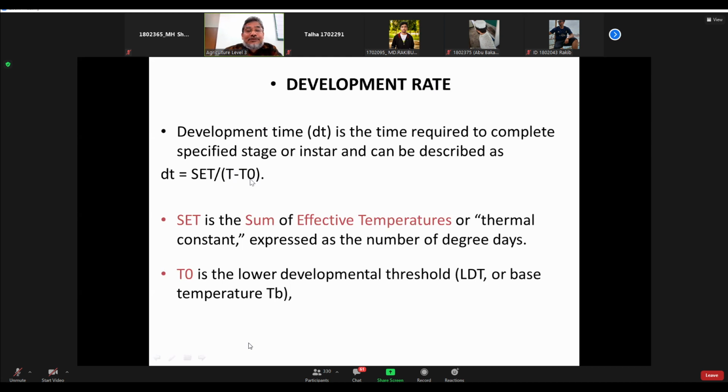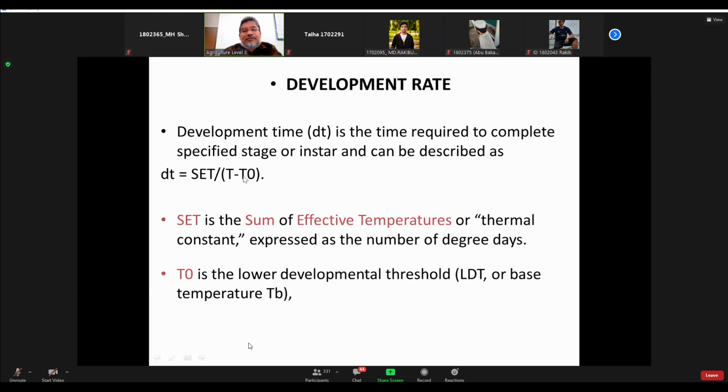And T0 is, there is a base temperature for that particular species of insects, base temperatures. That is called the lower developmental thresholds. What does it mean? Lower developmental thresholds, that is the temperatures, low temperatures at which there will be no development, that is the development will be zero.